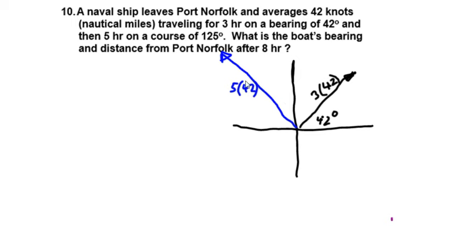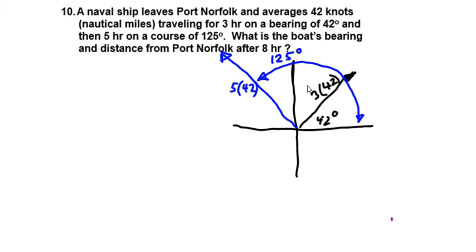So a greater distance, and this angle here is going to be 125 degrees. Well, again, you're going to have to take 5 times 42 times the cosine of 125 degrees to get your x component, and 5 times 42 times the sine of 125 degrees to get your y component.